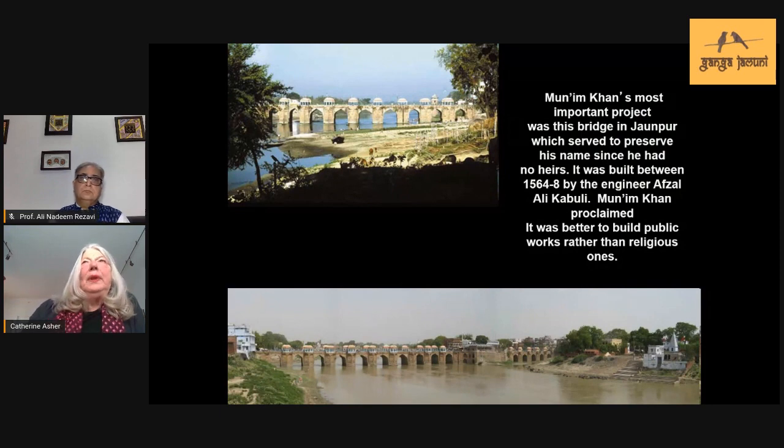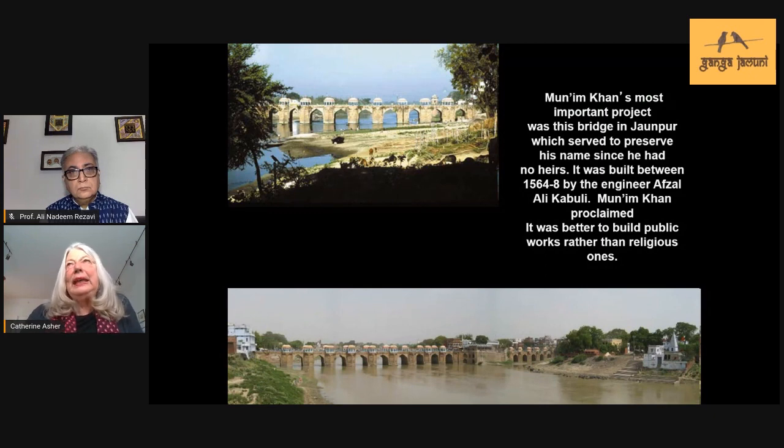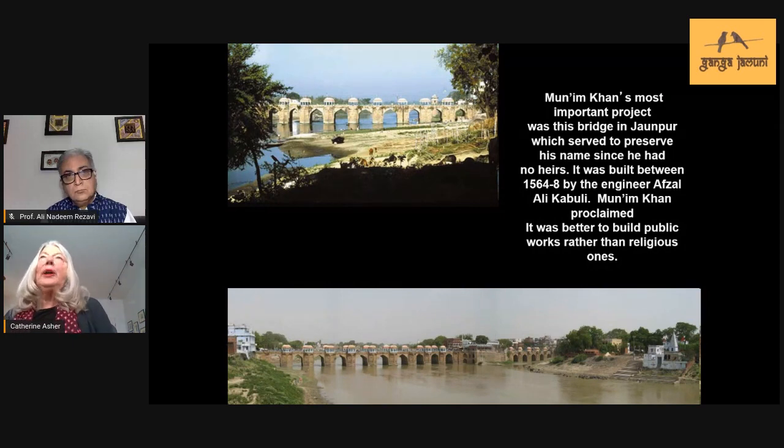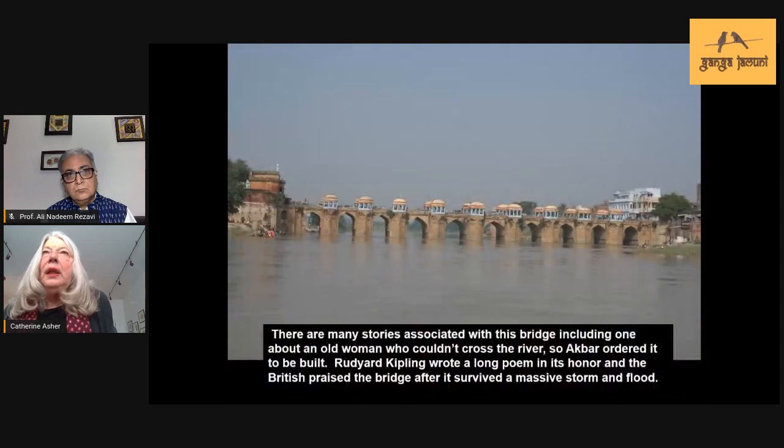This was built pretty early in Akbar's period, between 1564 and 68, by an engineer who either was from Kabul itself, as his name suggests, or was descended from someone who was originally from Kabul. Munim Khan claimed, or proclaimed, I should say, that it was better to build public works rather than religious ones.